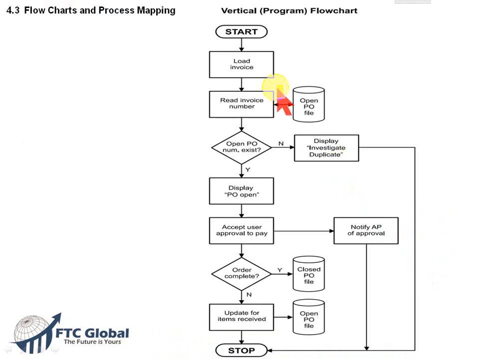This is an example of a vertical flowchart. It starts, this is a start symbol, load invoice, that is computer process, read invoice instruction, this is a computer process, open PO file, does the PO number exist? No, display, investigate, duplicate. If it exists, then display, and this is the whole process till it ends. So this is called a vertical or program flowchart.